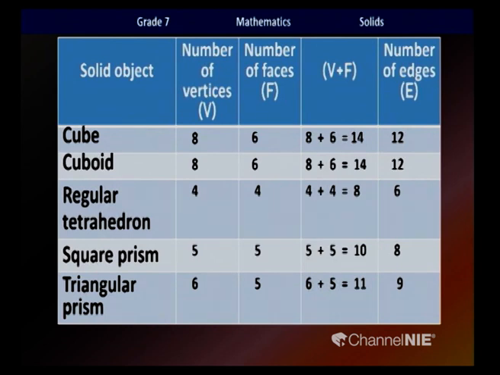Then in the cuboid, number of vertices is 8, number of faces is 6. Once again, the addition of the number of vertices and faces is equal to 14. Then regular tetrahedron, number of vertices is 4, number of faces is 4. Once again, the addition is equal to 8.